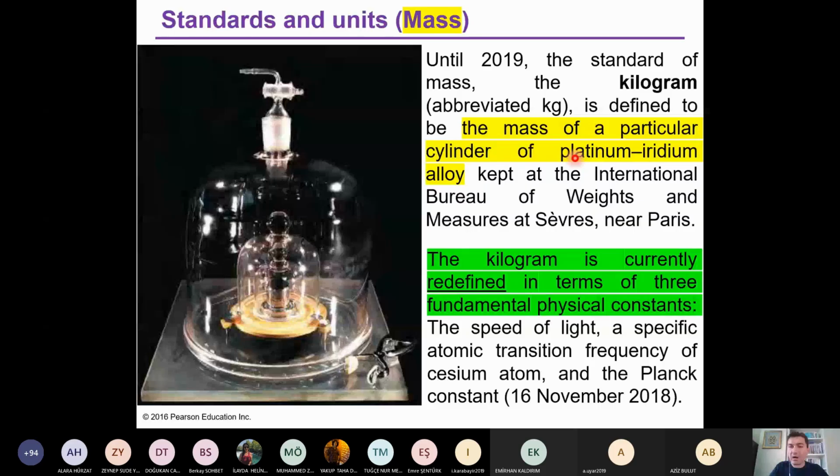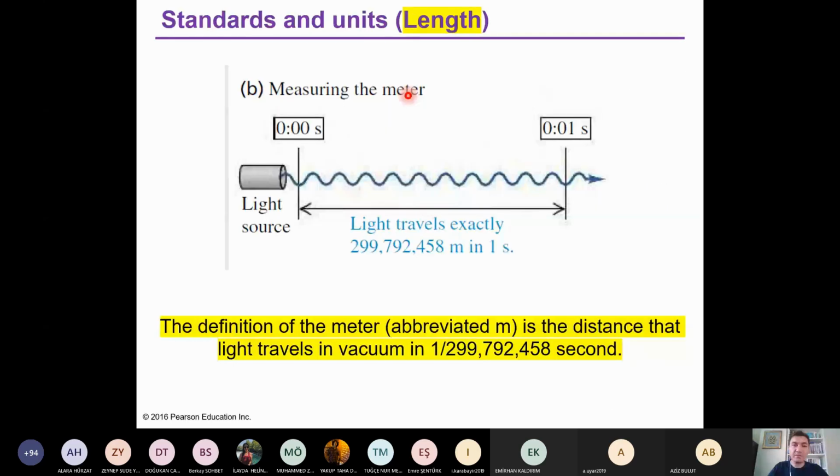2018. Now the kilogram is defined in terms of 3 fundamental physical constants. Speed of light, remember that speed of light gives us the standard of the meter, and frequency of cesium atom. Frequency of cesium atom gives us standard of the second for the time, and we have Planck constant.